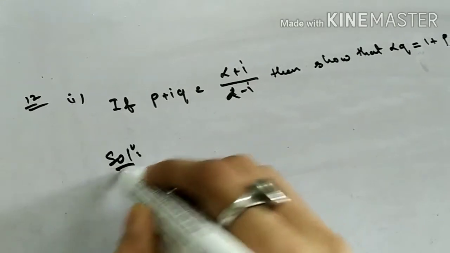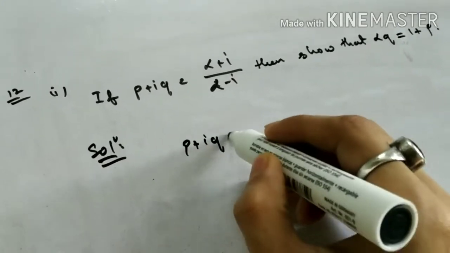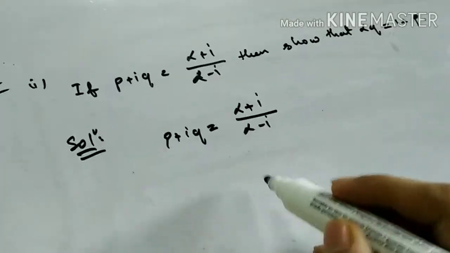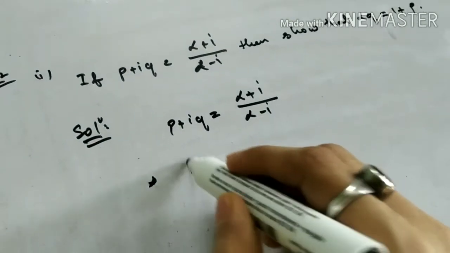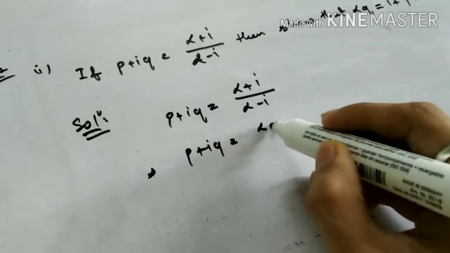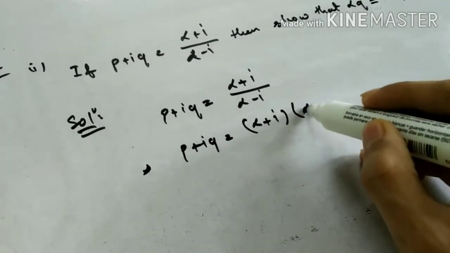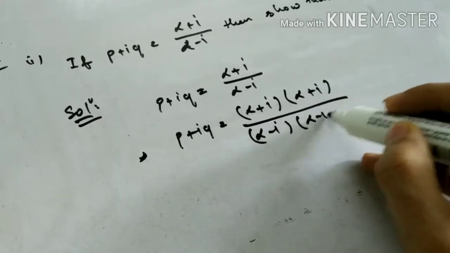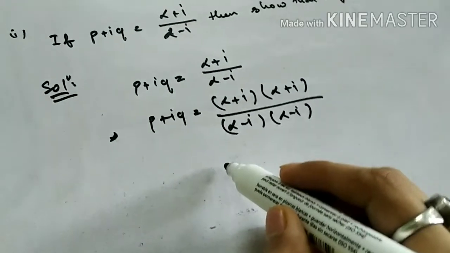So solution, this is your given, p plus iq is equals to alpha plus i by alpha minus i. So p plus iq is equals to alpha plus i, alpha plus i, alpha minus i, alpha minus i. Okay.